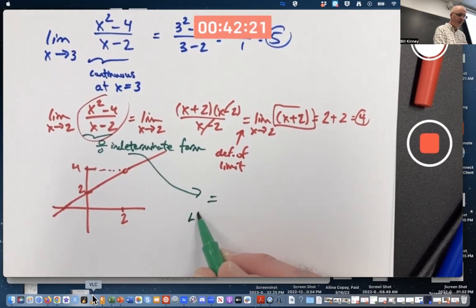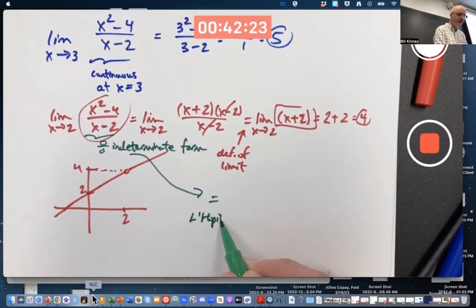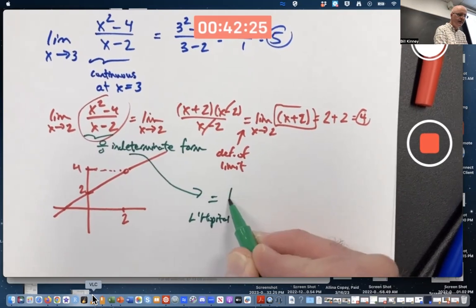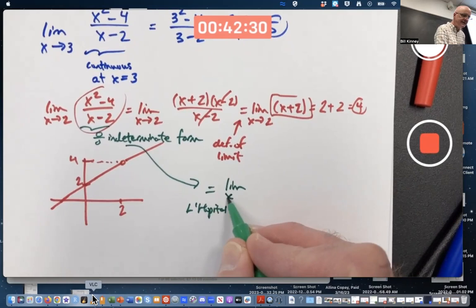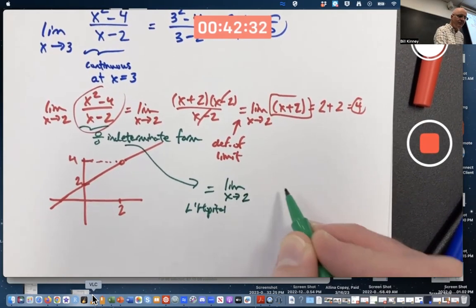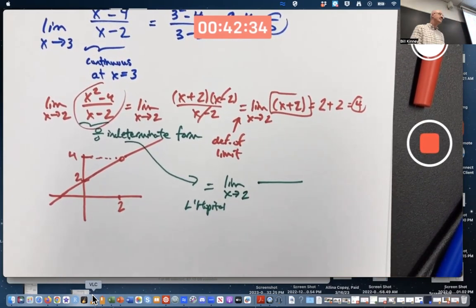By L'Hopital's rule, we can say that limit is equal to another limit, assuming this other limit exists. You're letting x approach the same number too, but it's a new fraction. This is not the quotient rule. I am not taking the derivative of the original function, but I am making a new fraction whose new numerator is the derivative of the old numerator, and whose new denominator is the derivative of the old denominator.